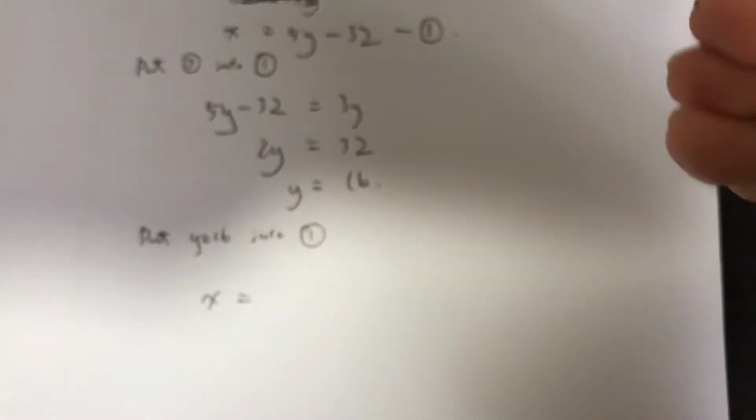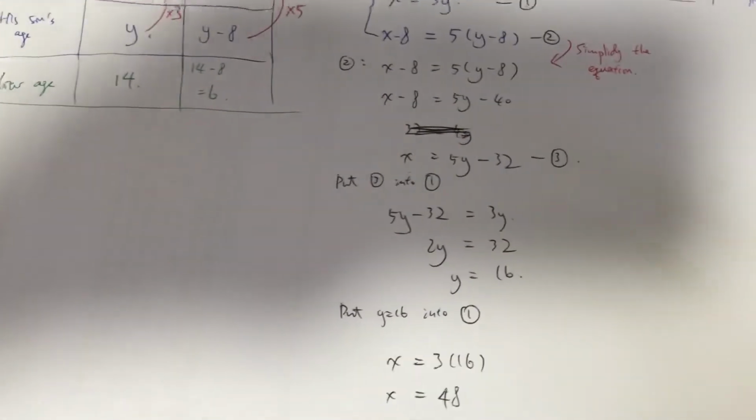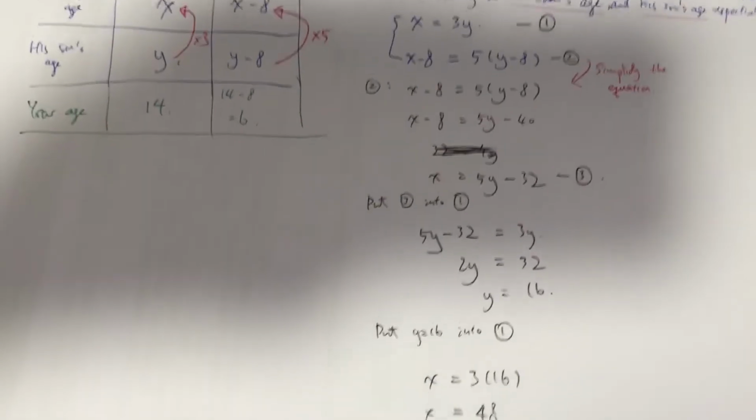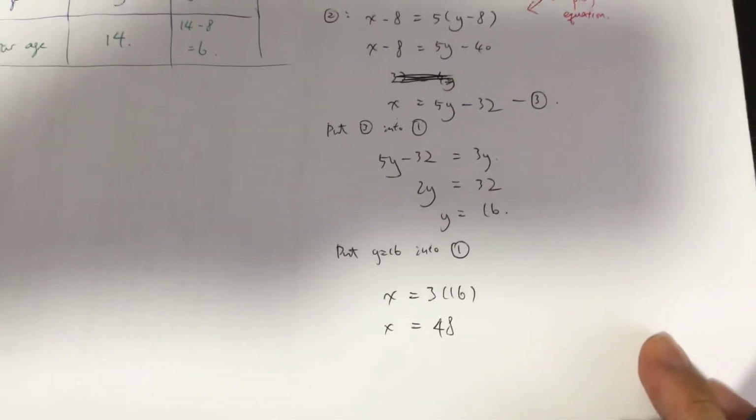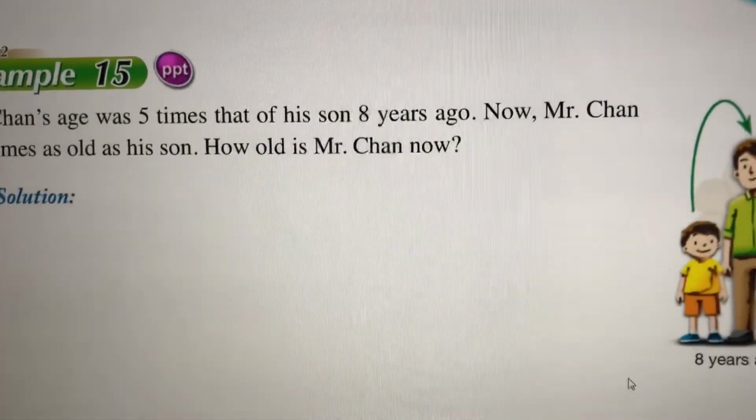So we know that x equals 3 times 16. Finally we see that the ages are 48 and 16. We need to answer the question, and it only asks for Mr. Chan's age, so we just write that.